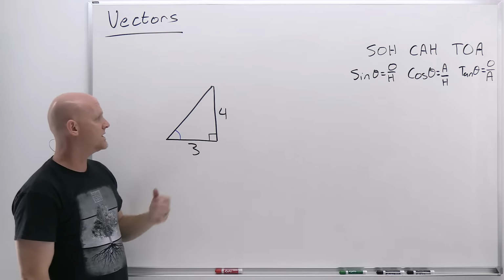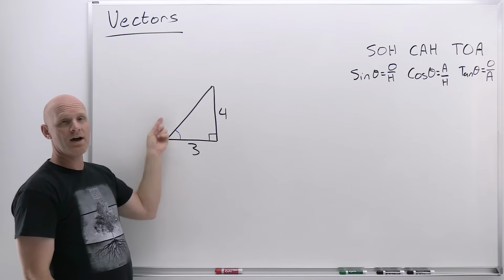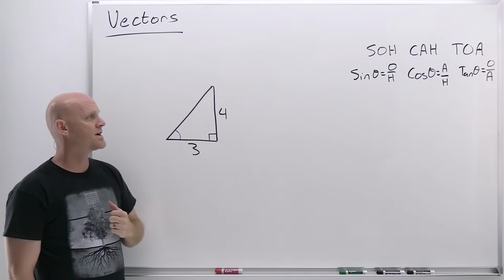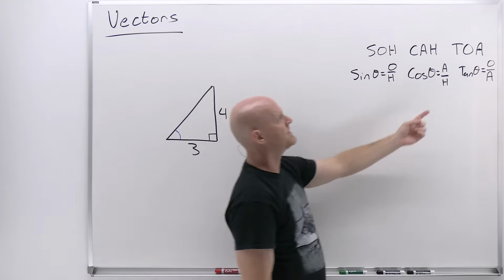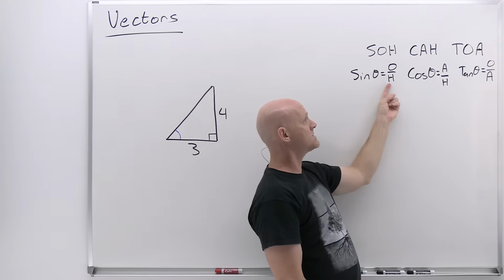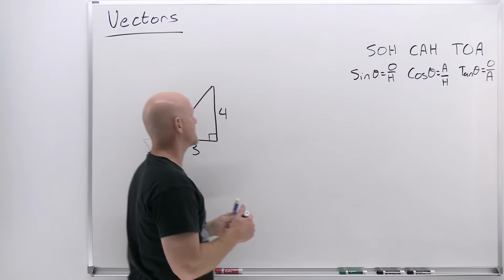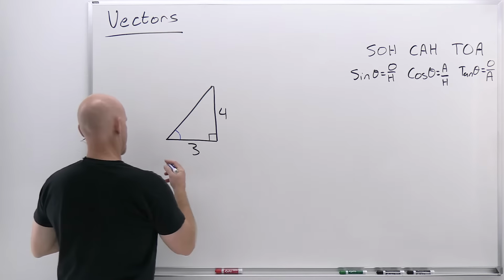Well, I've got the opposite side and the adjacent side, but I don't have the hypotenuse. That means I can't use sine and I can't use cosine, but I can use the tangent to figure it out.